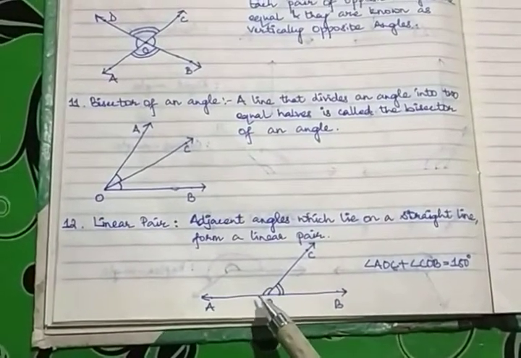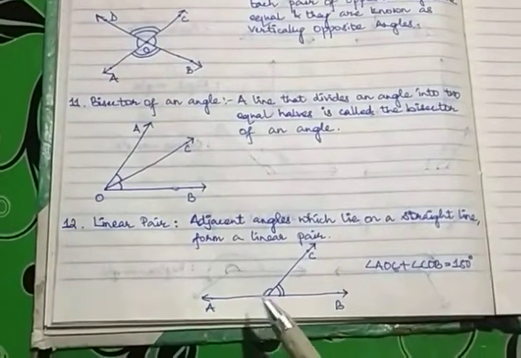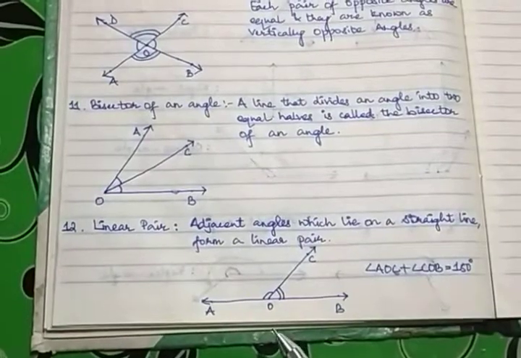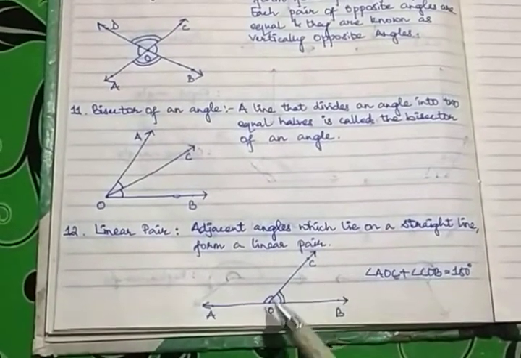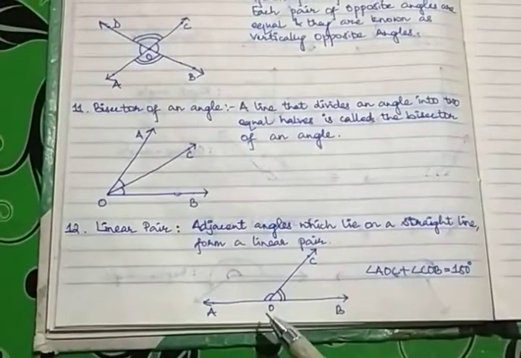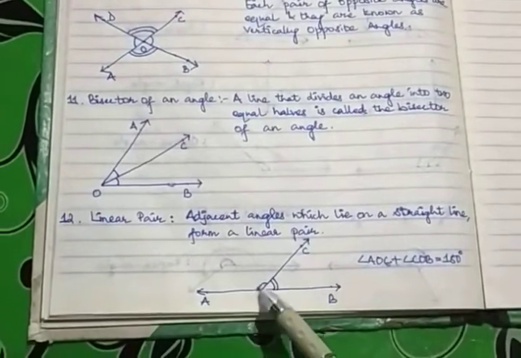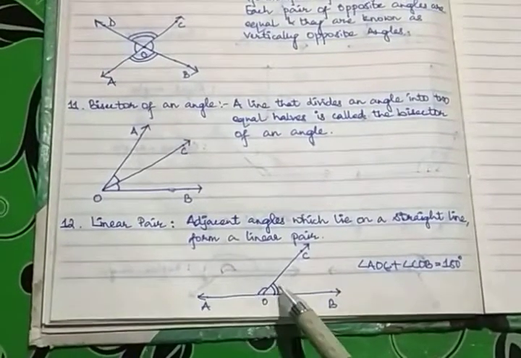That means what we know? We know that the measure of the straight line is 180 degree, isn't it? So here what we have, see AOB a straight line, and we got OC a common arm for angle AOC and COB. Now these two angles, they are adjacent angles, isn't it? But see, I have drawn here one arc, two arcs. That means these two angles are not equal.